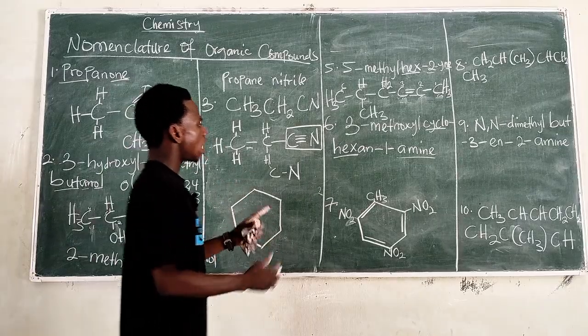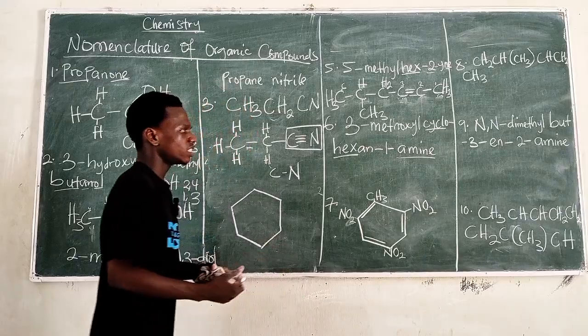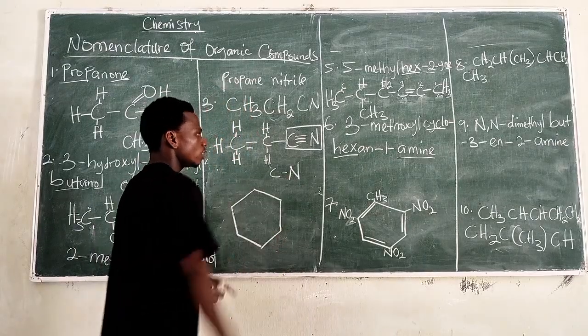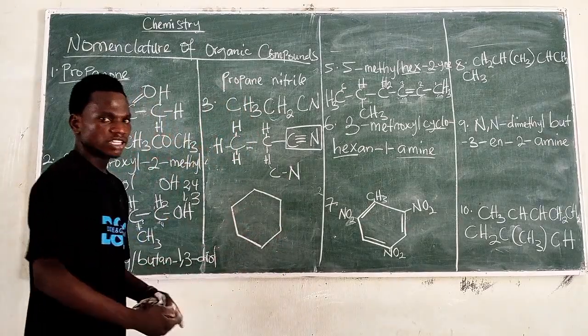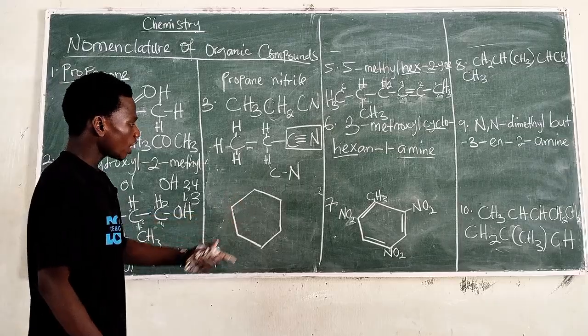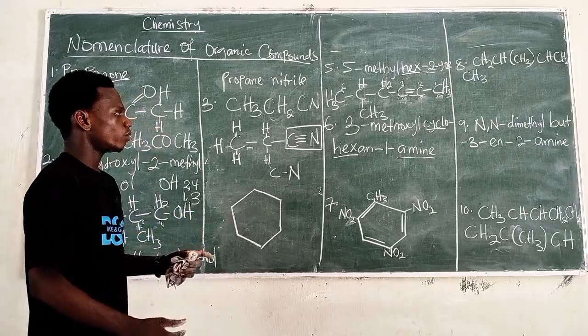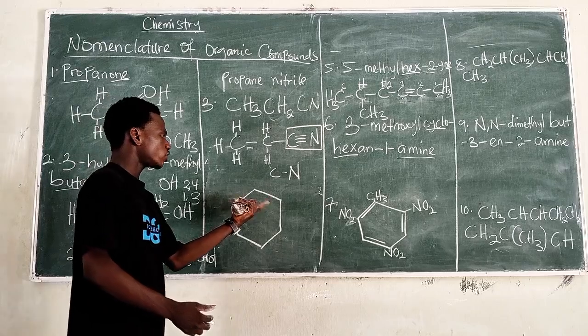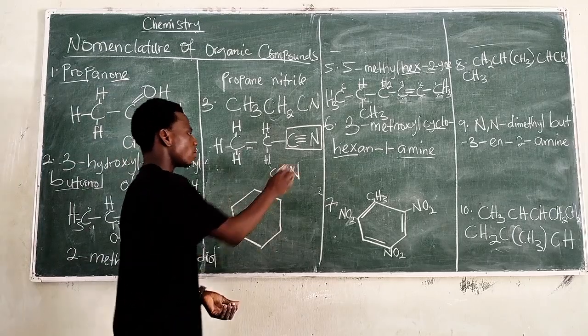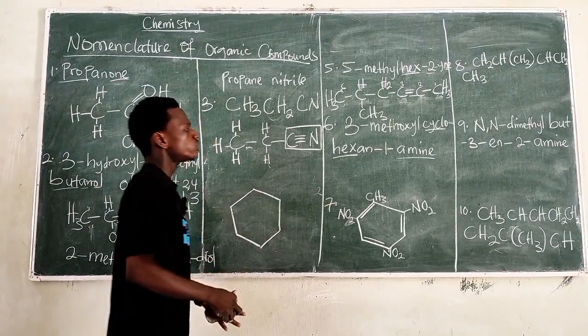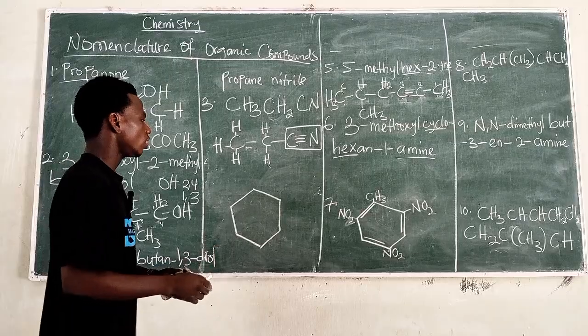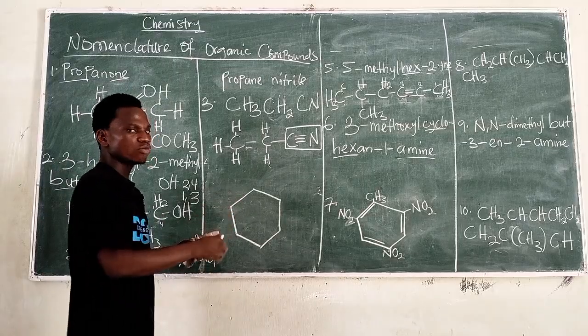So our functional group taking priority in this case is the amine. So this is a cyclo ring structure, so we can choose any position to be our carbon 1. As far as we choose it to be our carbon 1, we are going to start numbering from there.